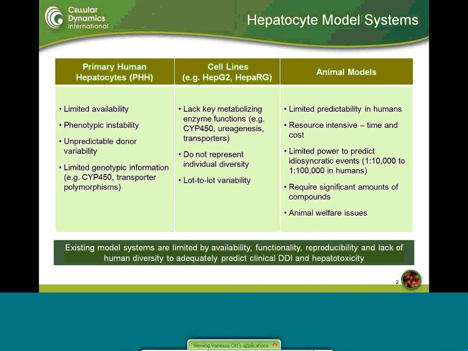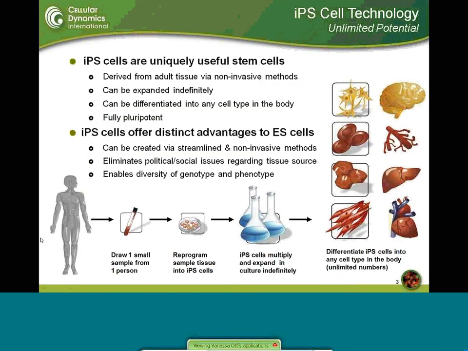And really, there's limited power to predict idiosyncratic events. And then, of course, there's probably globally a move to try to reduce the number of animals used in such testing. So there's a lot of interest to explore the use of iPS cell technology to develop cellular models to overcome a lot of these limitations.